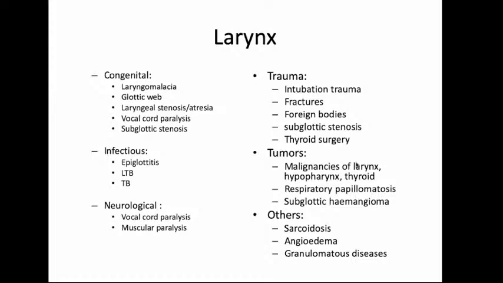Among the traumatic lesions would be intubation. During intubation, you can traumatize the airway, the larynx, and get obstruction. But again, if somebody gets intubated for a long time, the pressure of the cuff of the tube or the end of the tube that was used during intubation can cause edema and sometimes granulomas, which result in obstruction.